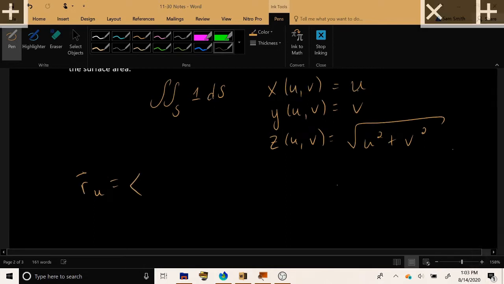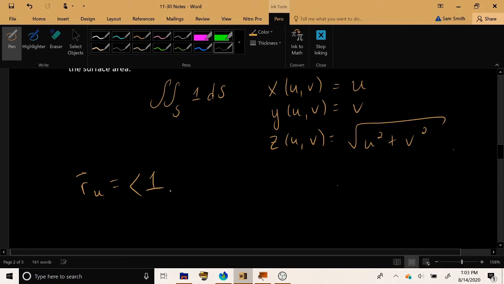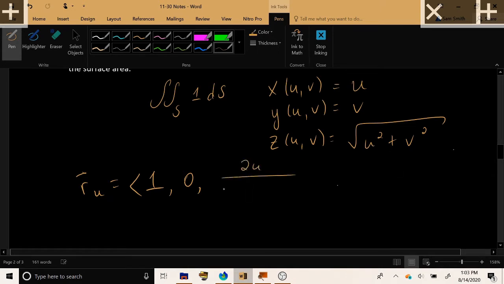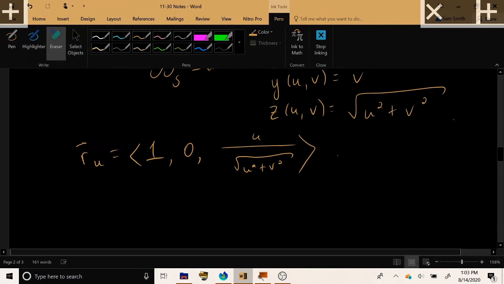If I take the partial derivative of the x component with respect to u, the result is 1. The partial derivative of the y component is 0. And applying the chain rule to find the partial derivative of the z component, I get 2u over 2 square root u squared plus v squared, but those 2's cancel each other out, and I'm left with this fraction.